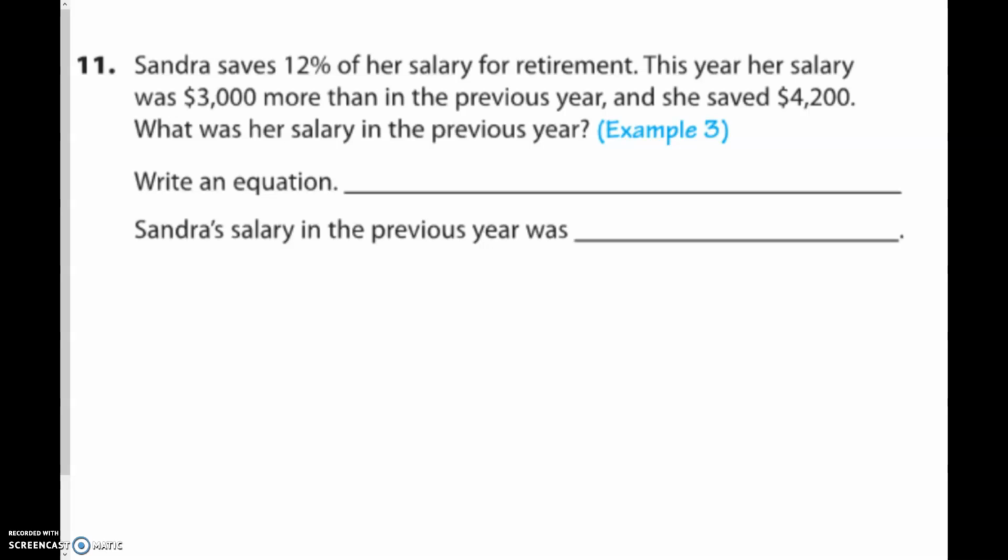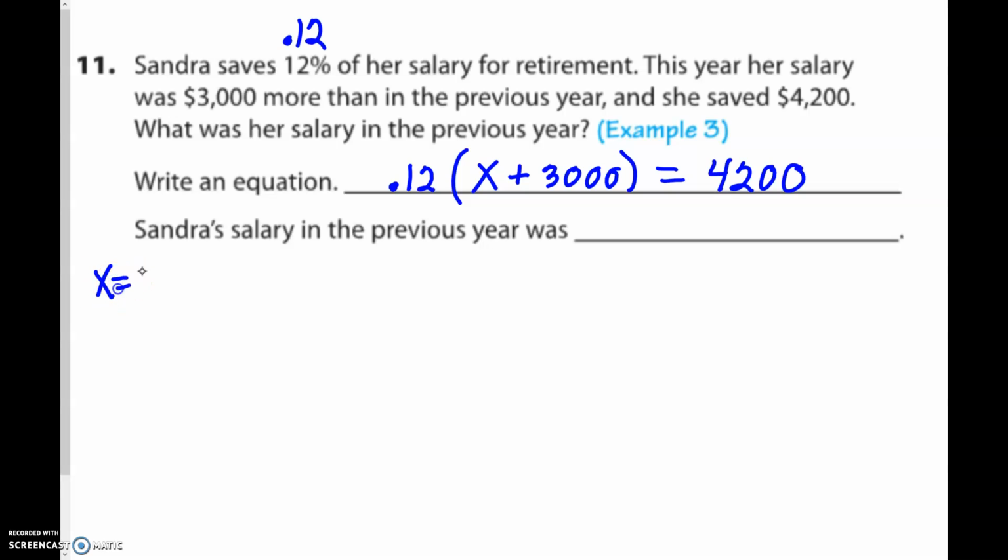All right, so 12% as a decimal is going to be 0.12. So if they want us to write an equation, it's going to be 12% of what? Well, we don't know how much she made, but we do know that we're going to add $3,000 to that, and that she saved a total of $4,200. Okay, so X stands for previous year's salary.